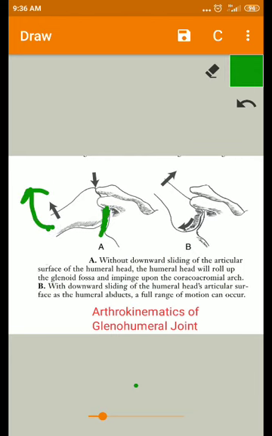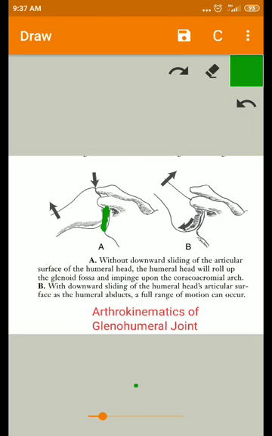If there is an increased inferior gliding, it reaches the maximum range of abduction, that means it achieves the full range of abduction. So here this is the inferior gliding, and this is the range of abduction achieved. Okay, these are the things that happen during abduction.